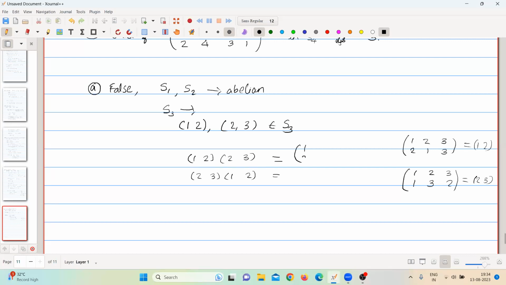In general, if we are applying f composite g, first we apply g of x and then f. So 1 goes to 2. The image of 2: 2 goes to 3, 3 goes to 3. And the image of 3: 3 goes to 2 and 2 goes to 1.